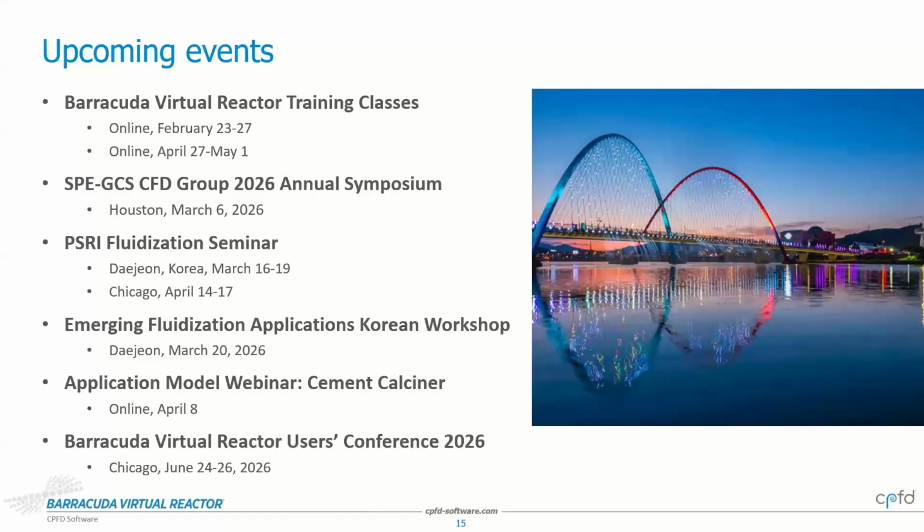We have people from every level of expertise, from industries ranging from materials and chemicals to petrochemicals to power generation and a lot more. We have people coming from all over the world. Everyone shares their latest insights, their latest developments, what they're doing with the software. And CPFD will take the opportunity to share the cutting edge advancements, the new stuff in the software. So again, our users conference is coming back to Chicago, and we hope to see you there.